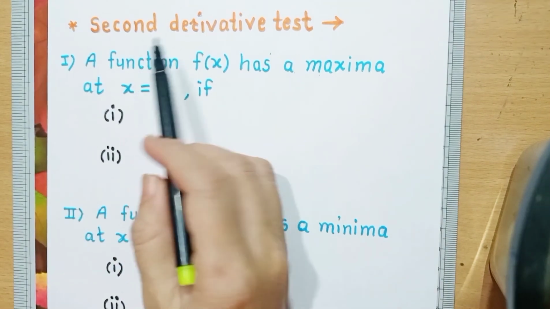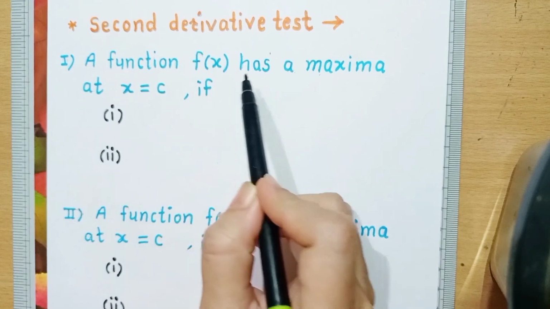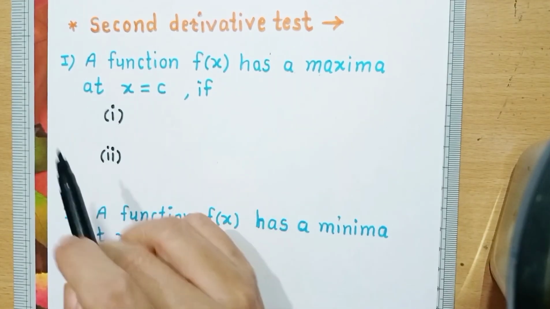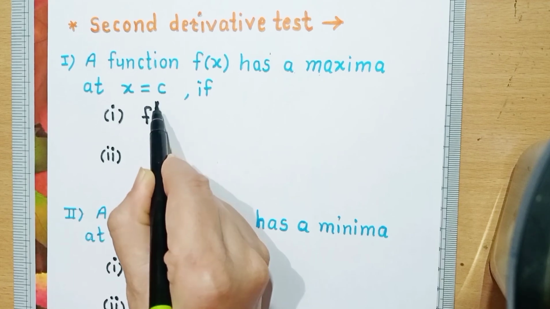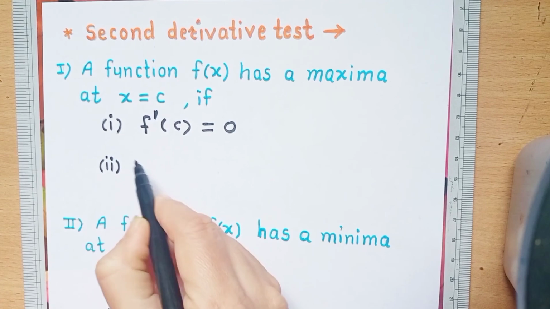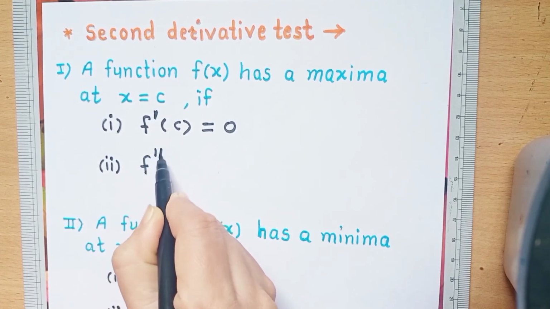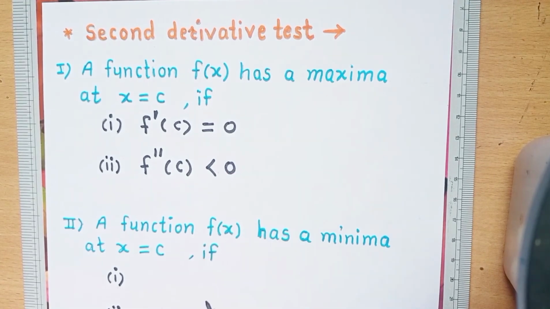Now let's check the second derivative test. First one, a function f(x) has maxima at x is equal to c if the first condition is f dash of c equal to 0 and second is f double dash of c is less than 0.